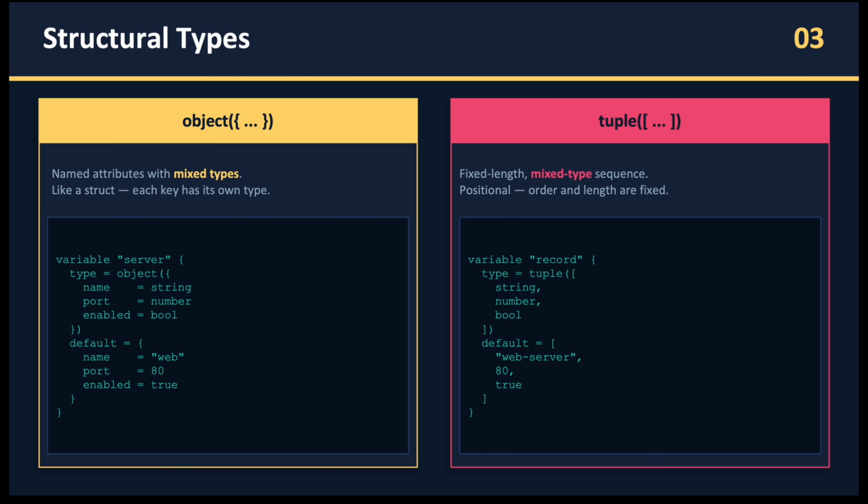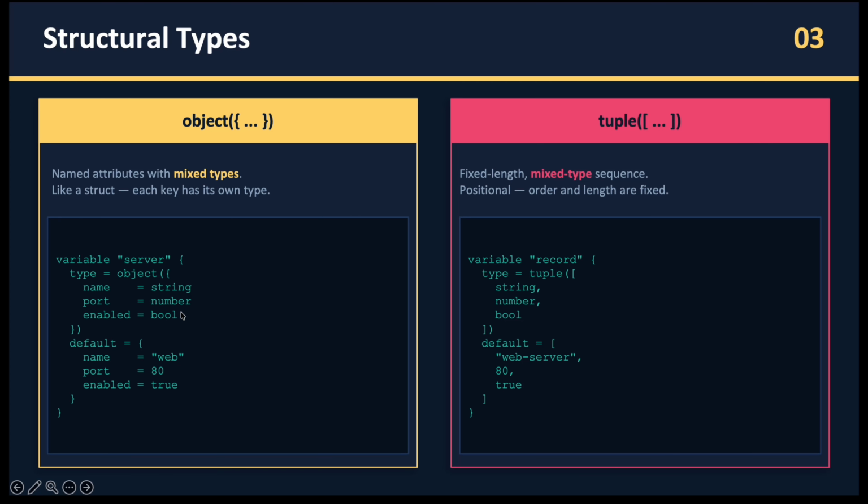Okay, next is structural types. We have two types, object and tuple. An object has named attributes with mixed types, like a struct, where each key has its own type. You can define a variable like server, and give the type object, with the open bracket, then curly braces, and you give name, port, and enable with the types string, number, bool.